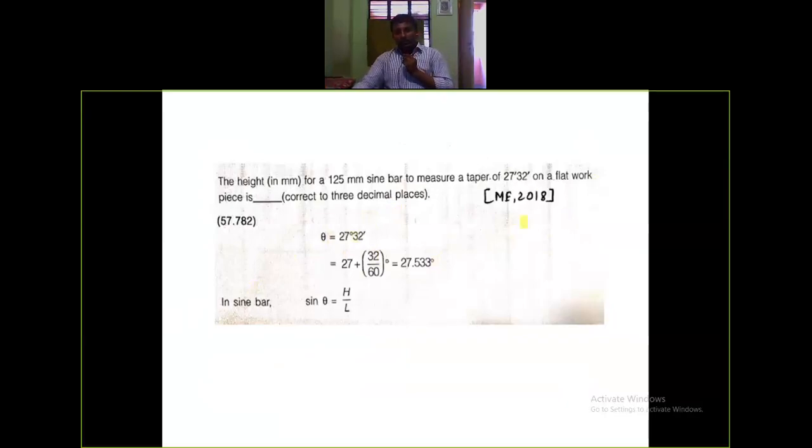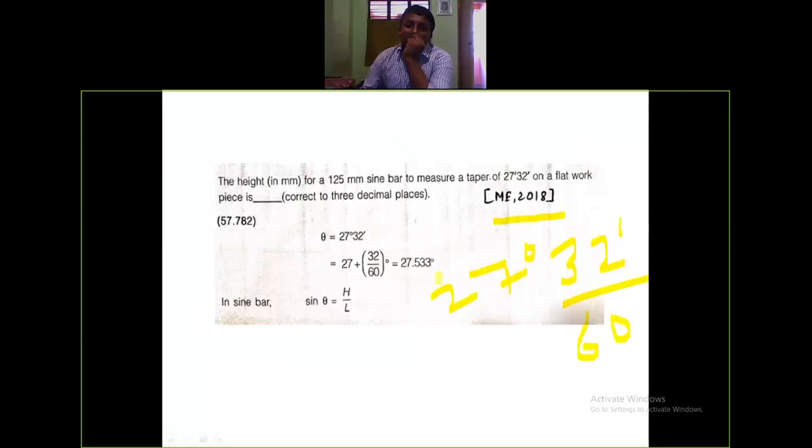This is a very simple question related again to the sine bar. It was asked in the year 2018. They have given a taper angle which is 27 degree and 32 minute. You have to first convert the minutes into degrees by dividing by 60, which is done in the solution. You will get theta as 27.533 degree.